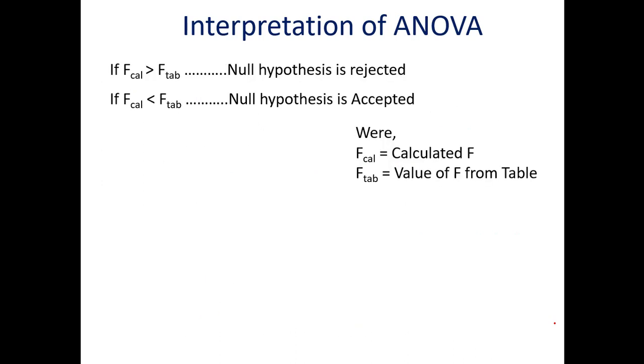Then, before reaching the conclusion, we have to calculate the F value. We find the calculated F value, and from the table we find the tabulated F value, and we compare F calculated and F tabulated, and from that we accept or reject our hypothesis. Here also, like the Z test and T test, the fundamental is the same.